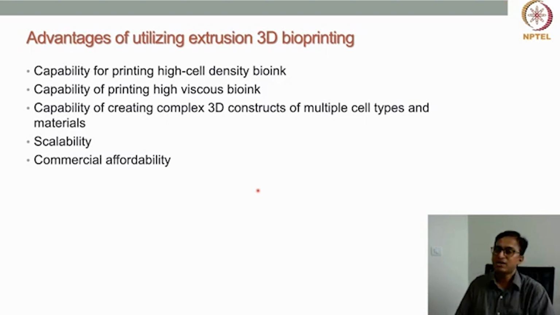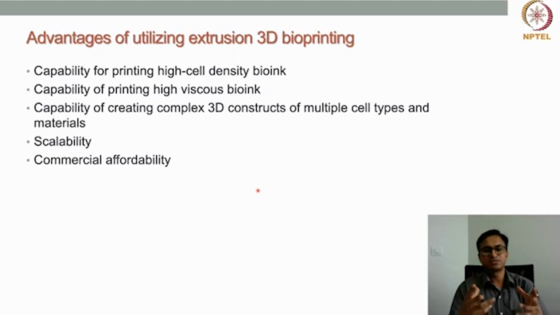Other thing is the high viscosity bioink for certain applications, because suppose we are trying to print a structure of a few centimeters size of tissue, right? There the requirement is that the structure should be self-sustainable, it should be stable.